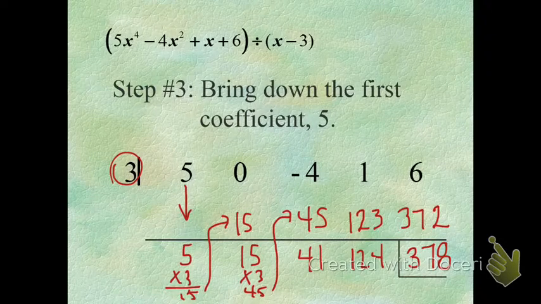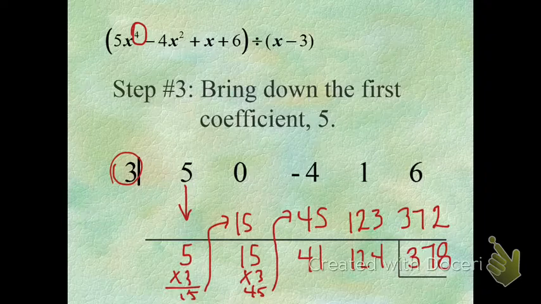Okay, so now what we need to go back to do is rewrite. If we go back to our original problem, our highest power was a power of 4. If you look back on your homework and your notes, you'll notice that your quotient, your answer, always starts with one power less.